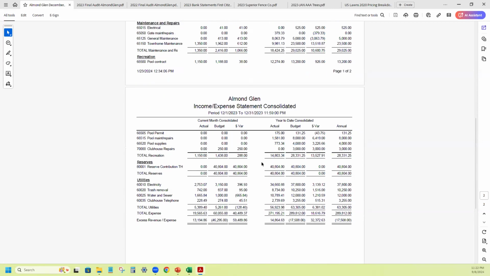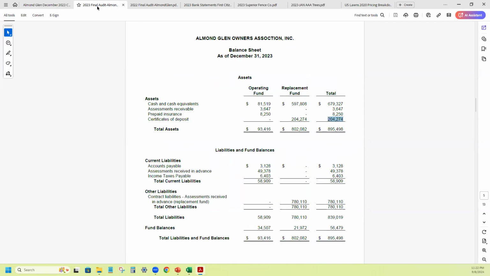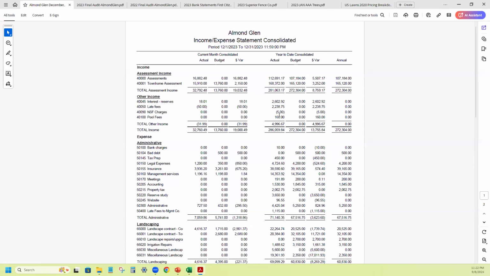So any number that we come up with from an internally generated document, we have to pin to a reliable external document. If we didn't get the audits, I would call those the bank statements. But since we do get the audits, we can pin beginning and ending cash to the audits.